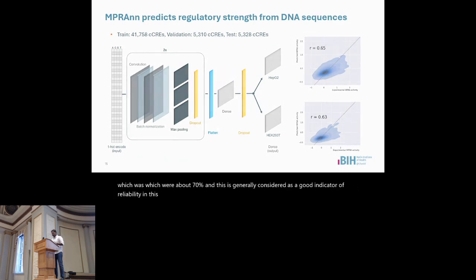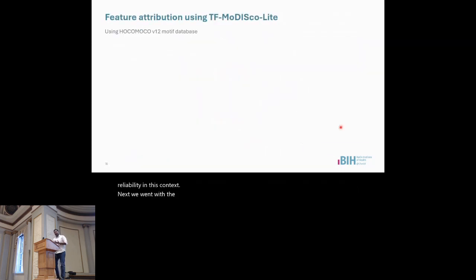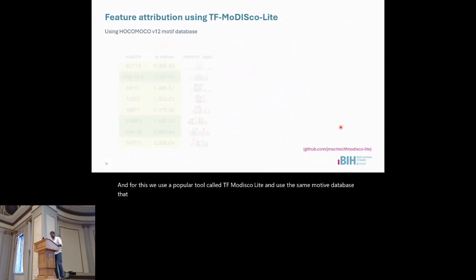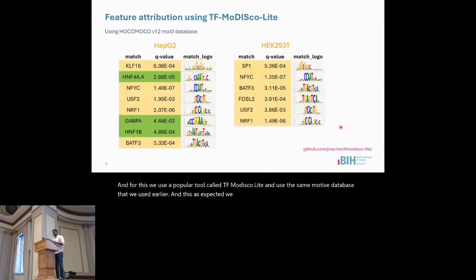Next, we went with the most obvious step, which was finding out which features were important for activity. For this, we used a popular tool called TF-MoDISco Lite and used the same motif database that we used earlier. As expected, we were able to recapitulate all the general transcription factor binding sites, which are KLF16, NFYC, USF2, and RFX1.